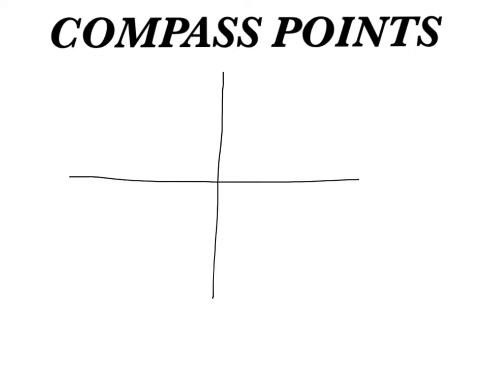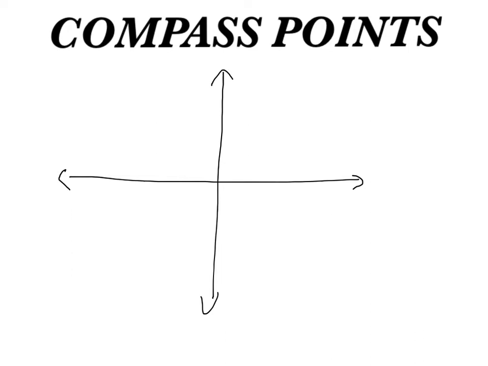Can you please point to the line that is pointing north? If I put an arrow on top of each of these lines, we can now see that this cross is in fact a compass. So who can point on the cross that is pointing northward? If I was saying, let's go north, which arrow would I need to follow?